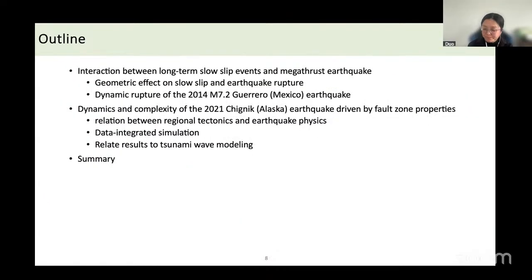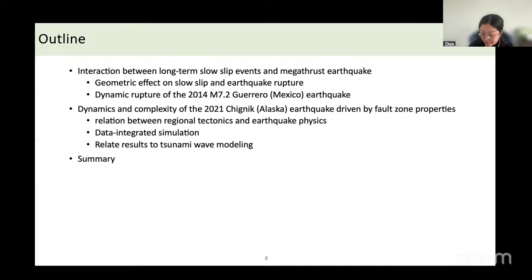So that is some background related to the presentation I'm going to talk about today. I will be talking about two areas. The first is central Mexico, where we can observe both quasi-periodic slow slip and a magnitude 7.2 earthquake that was very likely promoted by the slow slip next to the seismogenic zone.